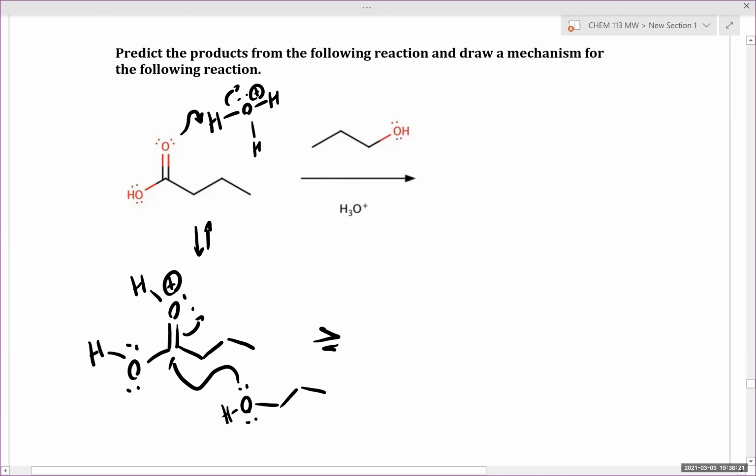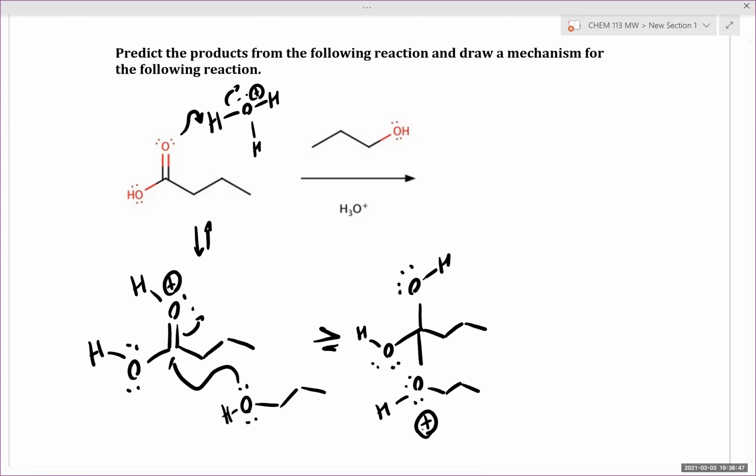Of course, these are equilibrium processes. Okay, now in order to activate water as a leaving group, what's the next step? What's the next step that's going to happen?